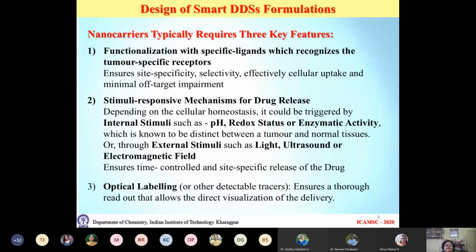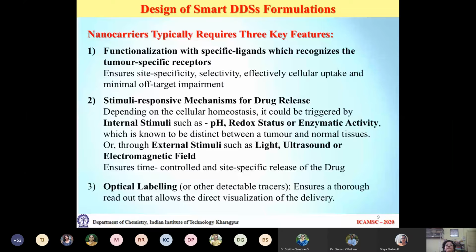Functionalize the surface with a specific ligand which recognizes the tumor-specific receptors. Each tumor site will have specific receptors. So if you want to ensure that it is selective, then you have to have an attachment on the delivery system, which we call functionalization or conjugation with a ligand that is going to interact with and latch on to the tumor receptor.